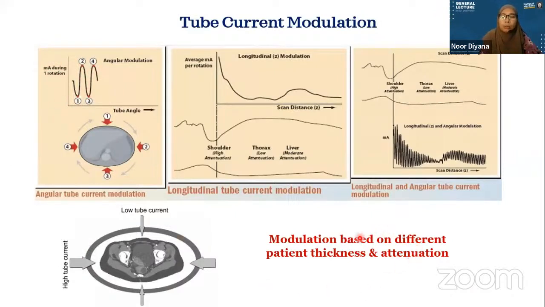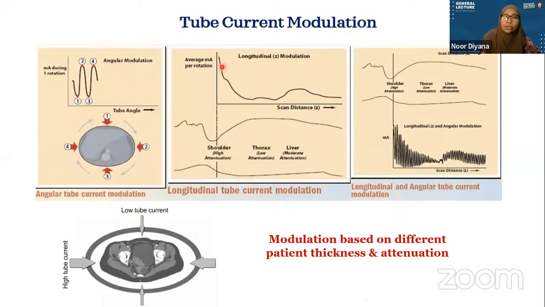And then it will also do the modulation based on the attenuation of the different structures inside the body. We know the thorax region consists of air. It is low attenuation tissue because we have lung, so it will give you lower mAs.